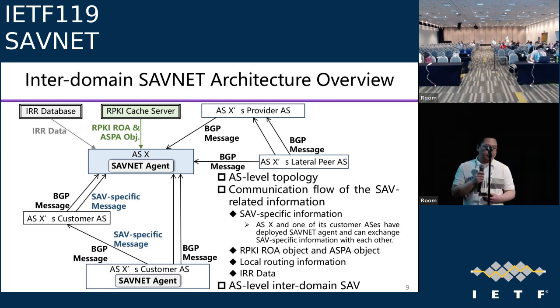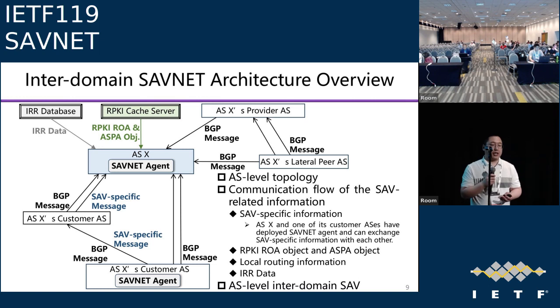The topology figure shows all peer ASs of ASX, including its customers, providers, and lateral peers. The arrows in the figure show the directions of all cell-related information. Based on the cell-related information, the Savnet agent within ASX can generate cell rules and perform AS-level inter-domain cell.